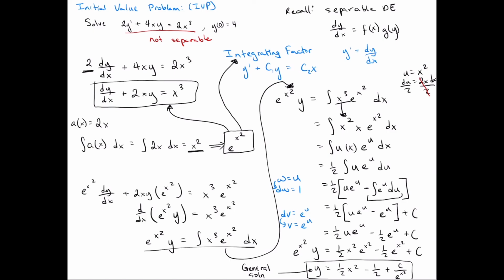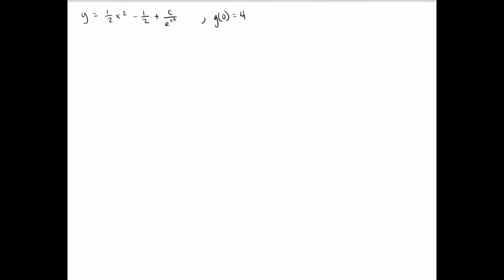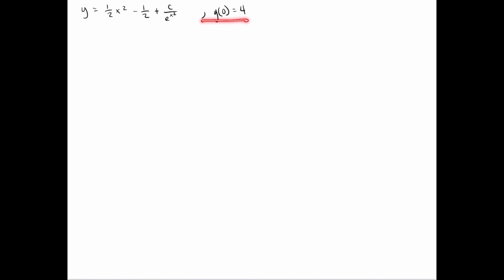So I just rewrote the general solution down here and also rewrote the initial condition. So in this problem, we see that x is equal to 0, y is equal to 4. So let's substitute that in. So y is equal to 4 and x is equal to 0, c e to the 0 power.